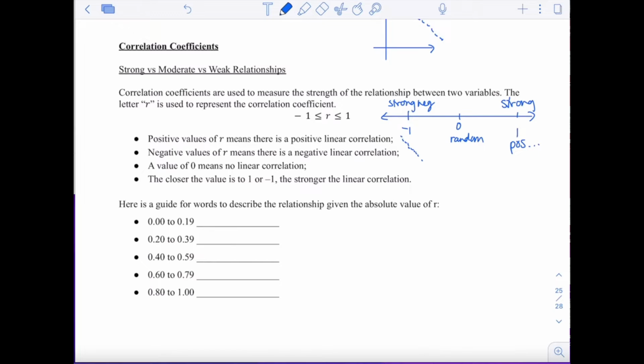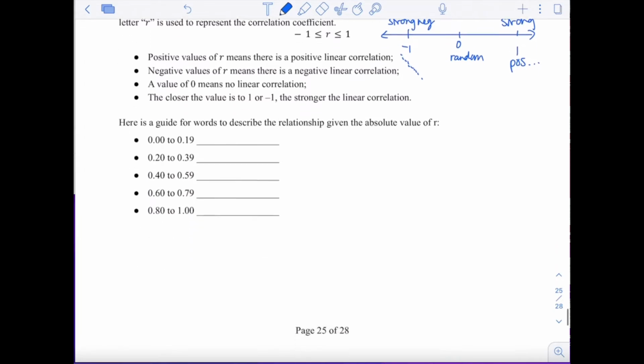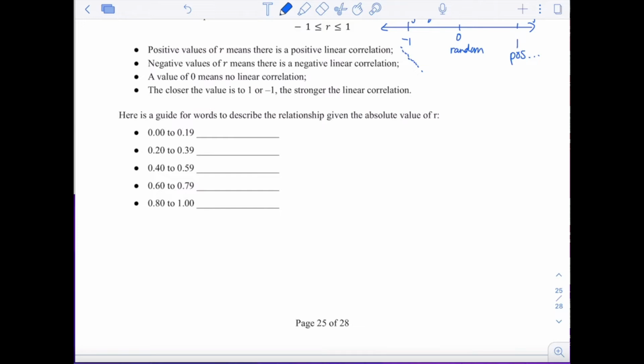Okay, so let's write down a guide to describe the relationships as a number. Remember, these numbers here represent R. So if R is 0 to 0.19, we would consider this a very weak correlation.